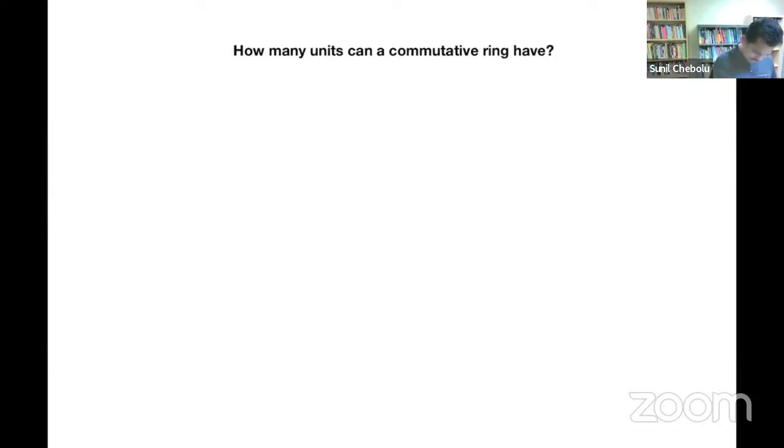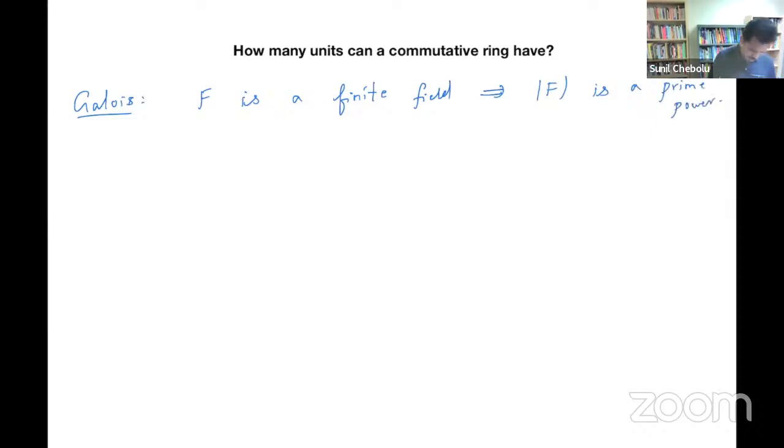Let me start with this simple thing, first proved by Galois: if you have a finite field F, then the cardinality of F is a prime power. This is a well-known result, but to the best of my knowledge it was first proved by Galois. Now you can ask the same question for a finite commutative ring.